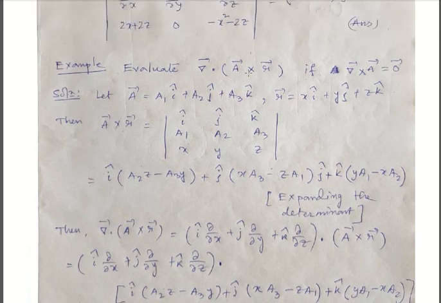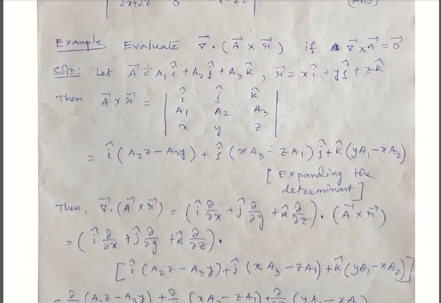Now we are evaluating this. Now A, nothing is given here. So obviously, what is A? A is a vector field, so any vector field can be written like this: A1 i plus A2 j plus A3 k, where A1, A2 and A3 are some functions of x, y and z.